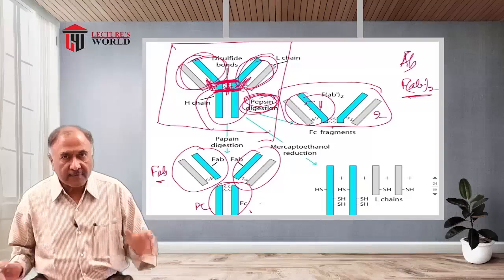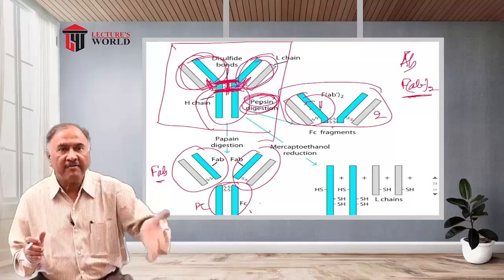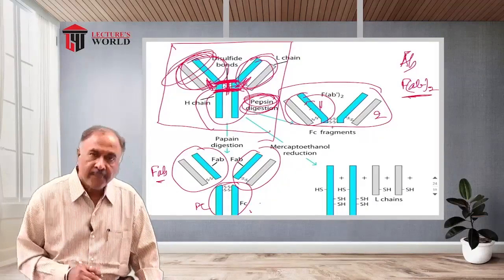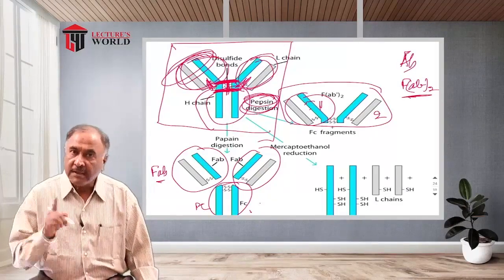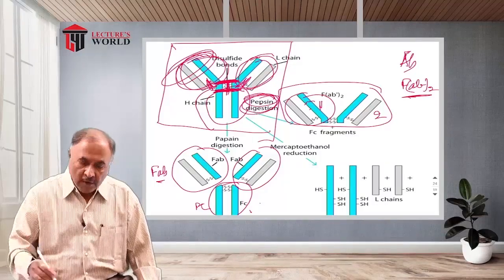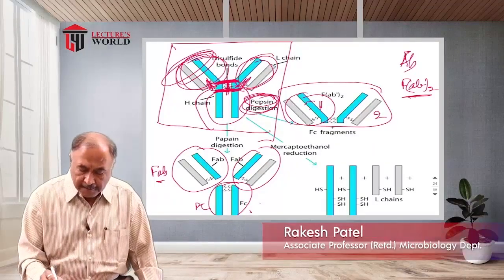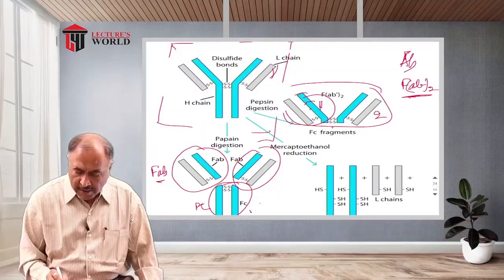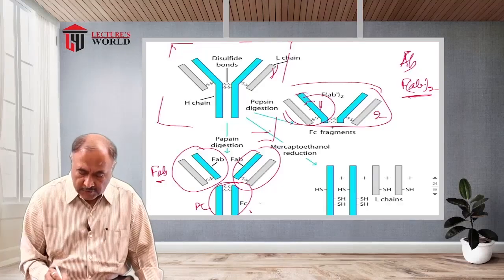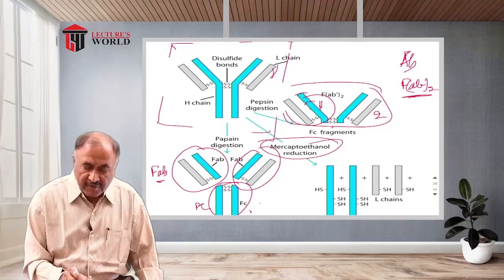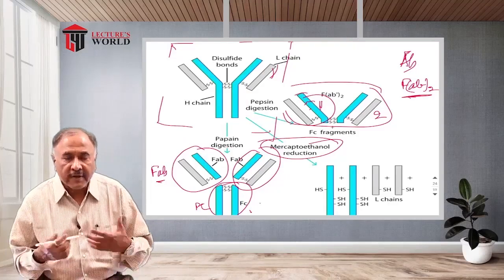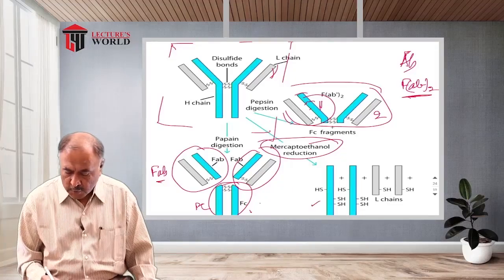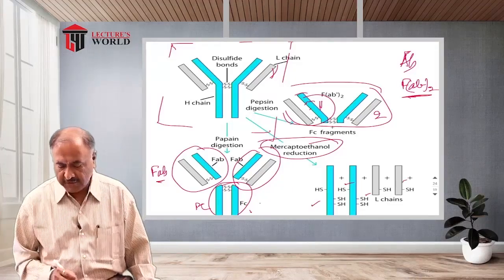None of them, because for binding with antigen you require variable heavy as well as variable light. Both these things are essential here. Then and only then will it bind, but an individual peptide will not. So when mercaptoethanol was used, disulfide linkages were broken. It was a reduction reaction, and therefore what they obtained was two heavy chains and two light chains.